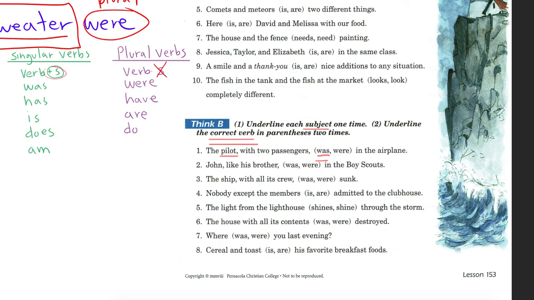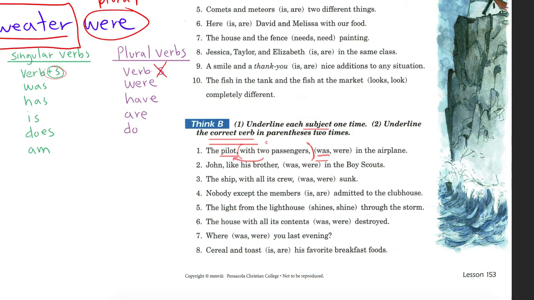Yeah. So you might be confused. You might be asking yourself, how come passengers isn't part of the subject? Well, remember we learned last lesson that this is a prepositional phrase, okay? And prepositional phrases aren't part of the subject, all right? So with 2 passengers, this is kind of like describing pilot.